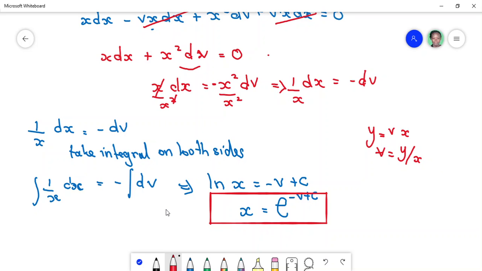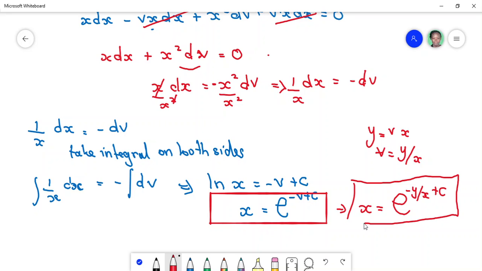So I can write my final solution of the form x equal to e to the power minus y over x plus c, where c is a constant. And this is our solution to the differential equation.